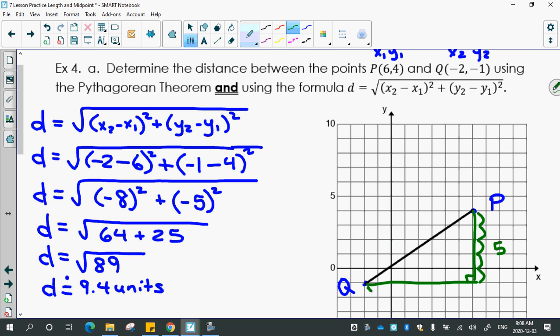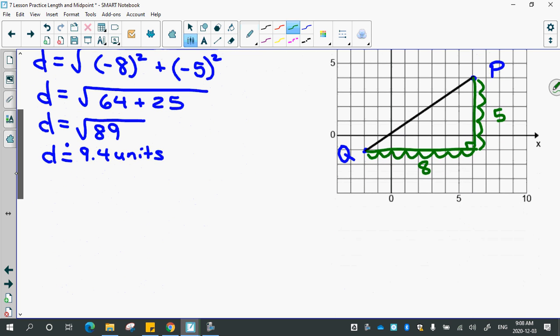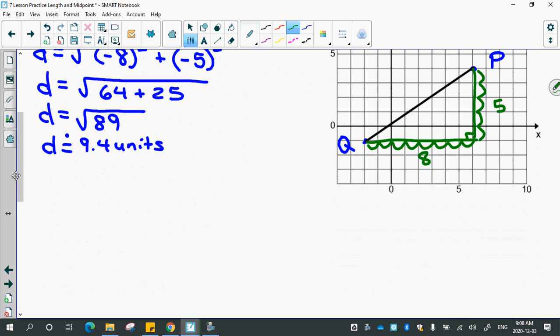5. And 8. And then I said to use the spot below the graph. So if I want to do that, I would do PQ squared, because that's my hypotenuse, is equal to 8 squared plus 5 squared, or you could have had 5 squared plus 8 squared, doesn't matter.